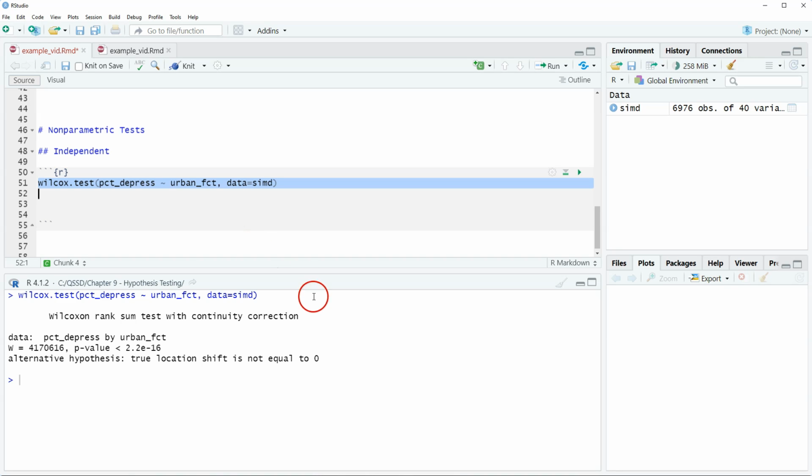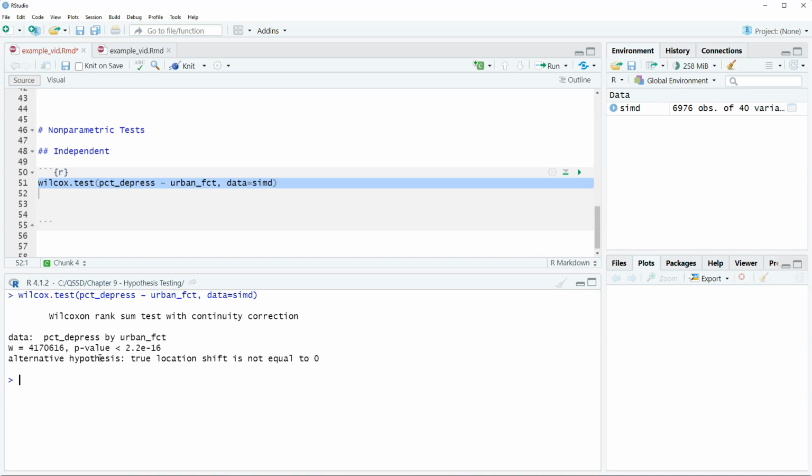Okay, so without even knowing anything, let's get to it. We have our alternative hypothesis. This says the true location shift is not equal to 0. What in the world does that mean? Let's take a step back. If this is the alternative hypothesis, then the null hypothesis would be that the true location shift is equal to 0. So what's location shift? It's getting at medians, but it's also looking at the distribution.